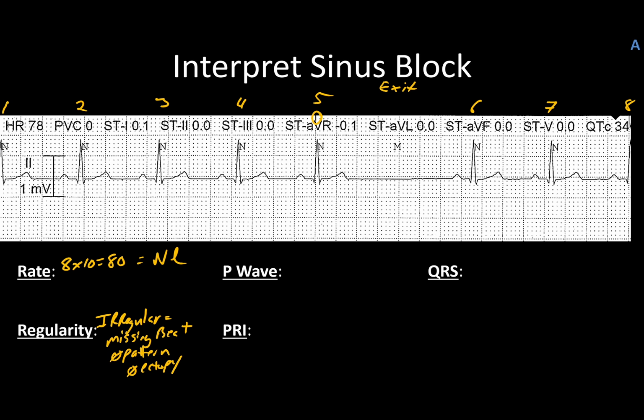We'll look across at our P waves, and those are upright and uniform. We have 1 P for every QRS. We'll check our regularity, and since we have a missing beat, we want to know what the P to P is anyhow. So if we go from just a hair in front of here to just about here, that'll give us 19.